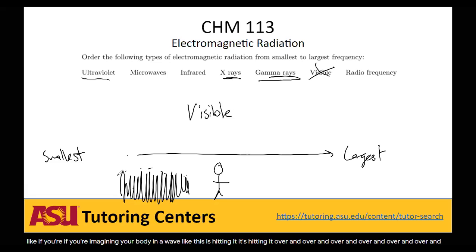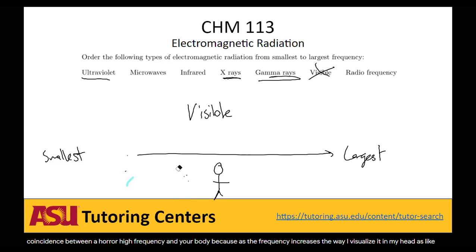So there's this coincidence between a high frequency and most damage done to your body. As the frequency increases, the way I visualize it in my head is like you're getting hit a lot more with the wave, okay?